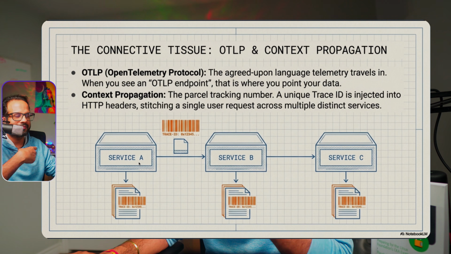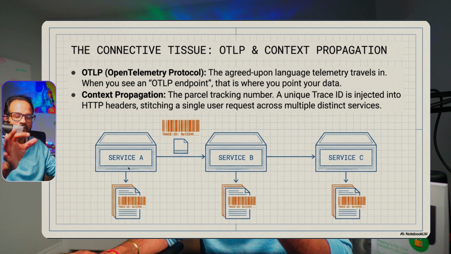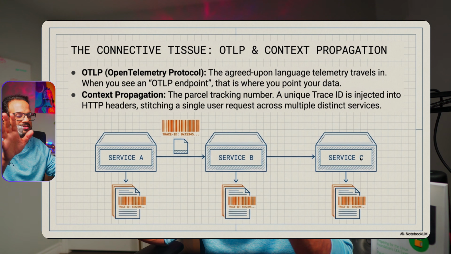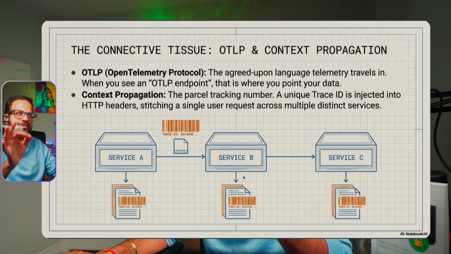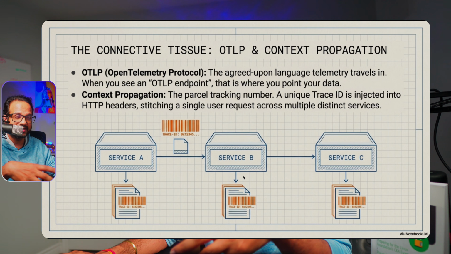For example, I have logged into the system. For my request, a unique trace ID will be injected into the HTTP header. Wherever my request flows, from service A to B to C to D, however many services, that trace ID will be attached to the HTTP header so that it records all the activities I have done after I logged into the application.